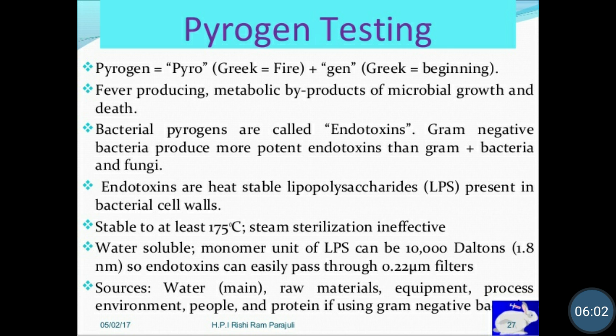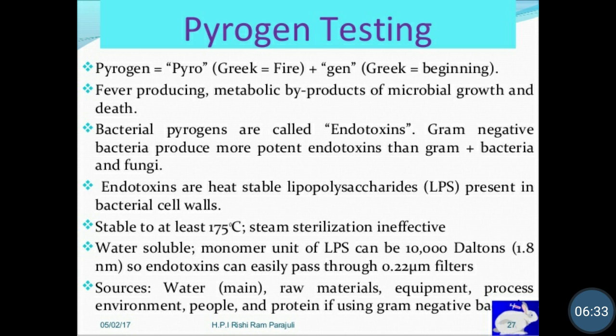For steam sterilization we use the autoclaving method, at which about 121 degrees Celsius is used to kill microorganisms. At that temperature these pyrogens are not destroyed, so steam sterilization is an ineffective method for pyrogens because they are stable to at least 175 degrees Celsius.